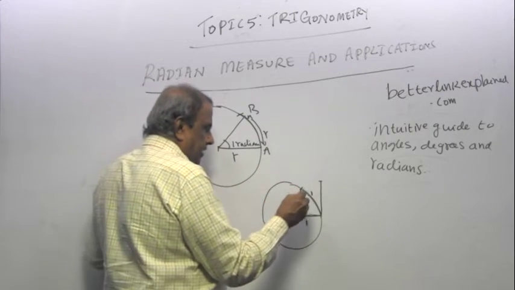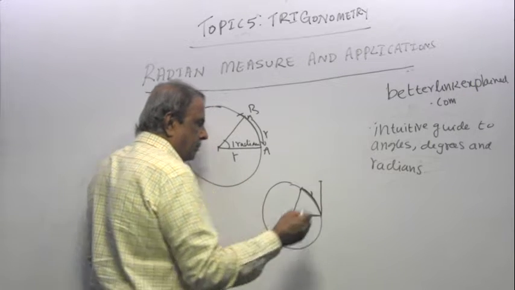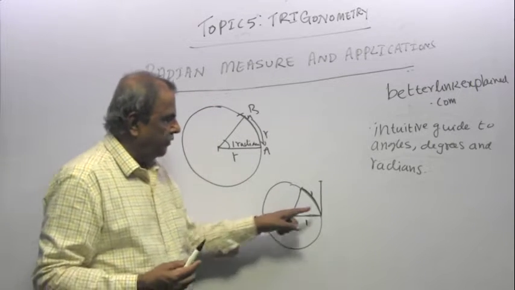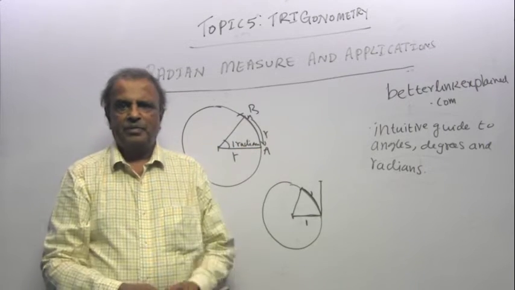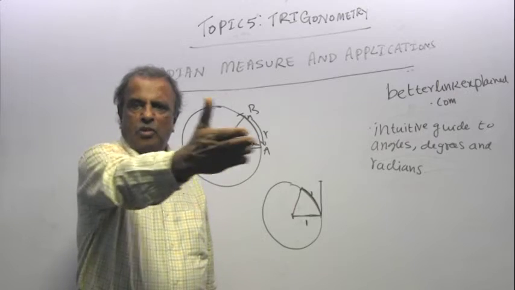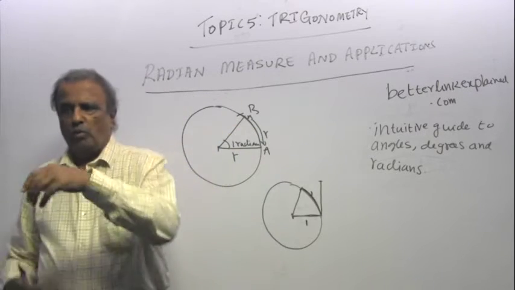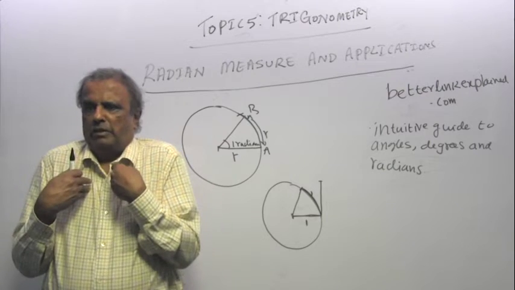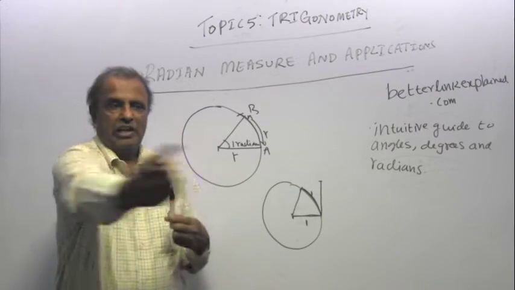Then you see this, what does this one represent actually? This represents something like, if you are walking along the track and the distance between me and you is always 1, then even let's say the distance between me and you is 10, I am 20 meters away on a circular track.